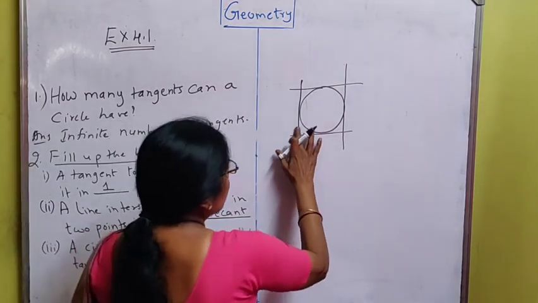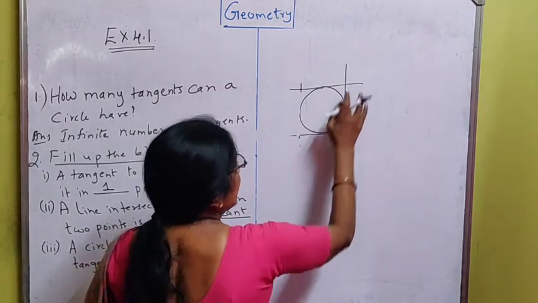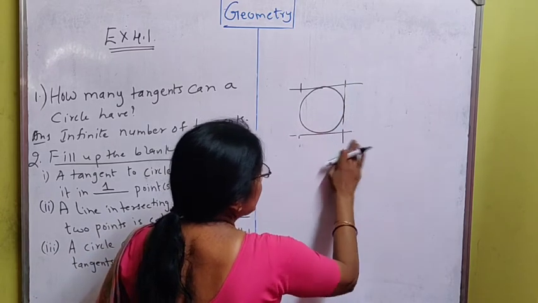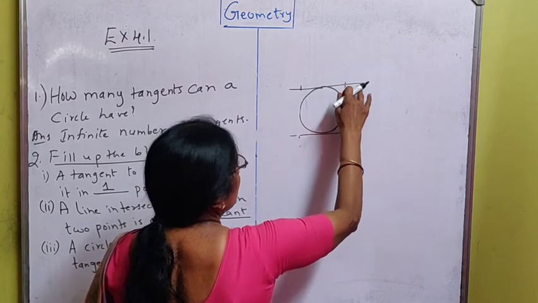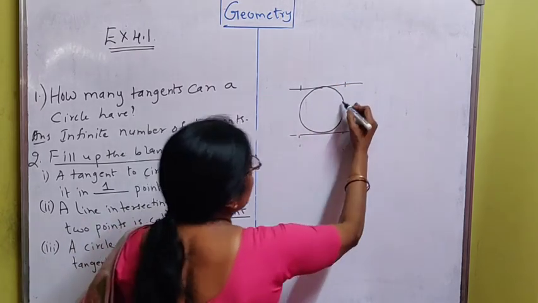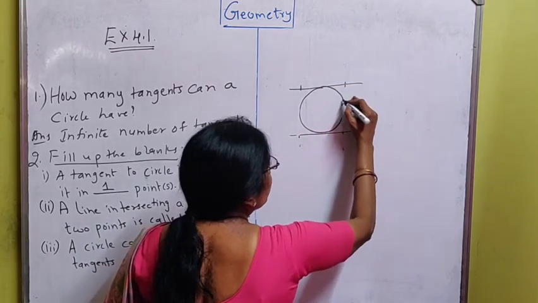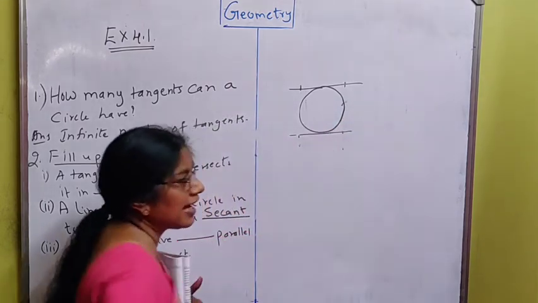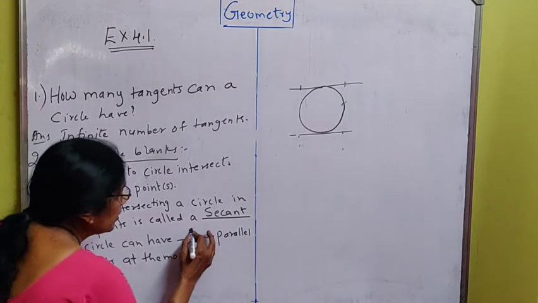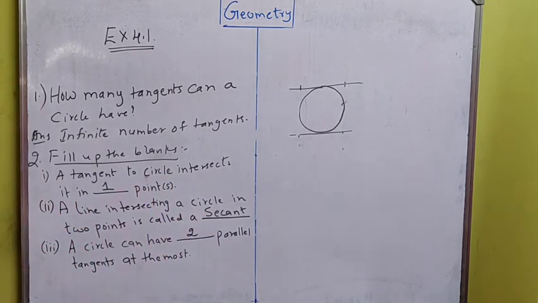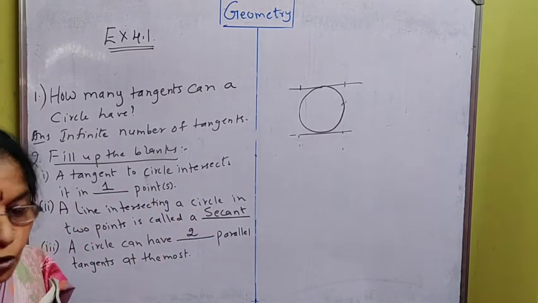But if I take the tangent above the circle and below the circle, then you can draw 2 tangents at a time which are parallel to each other. So a circle can have 2 parallel tangents at the most.